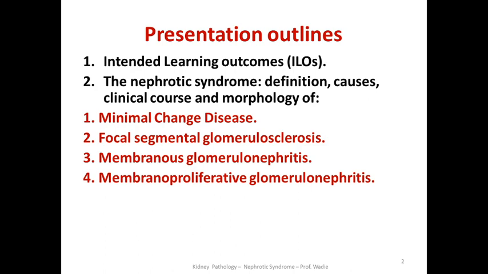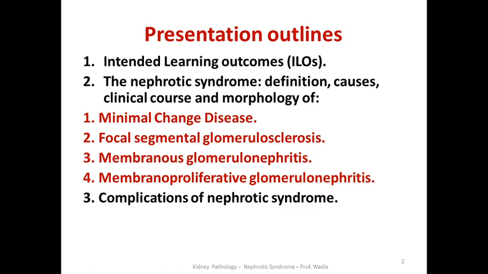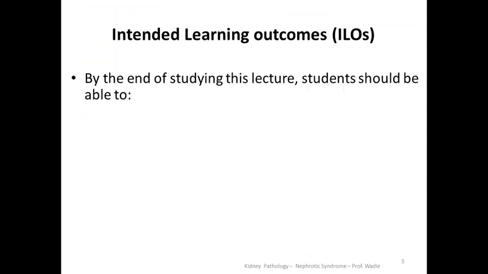These 4 points are primary causes of the nephrotic syndrome. Therefore, you have to be used to them and you need to differentiate between each of them. Finally, we are going to see the complications of the nephrotic syndrome. At the end, you find the quiz and the further learning resources.